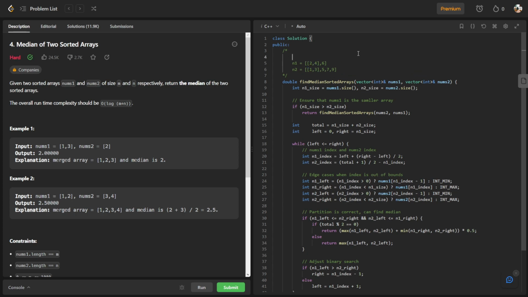Because let's say if I have to merge this, then it will be like 1, 2, 3. If I merge both, it will be like this.